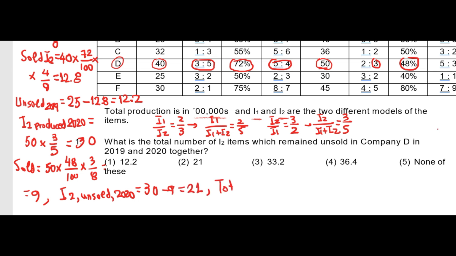So the total number of I2 items that remained unsold is the ones that remained unsold in 2019, so 12.2, plus the other one that remained unsold in 2020, and that's plus 21, and that's 33.2 hundred thousand, and this is the correct answer.